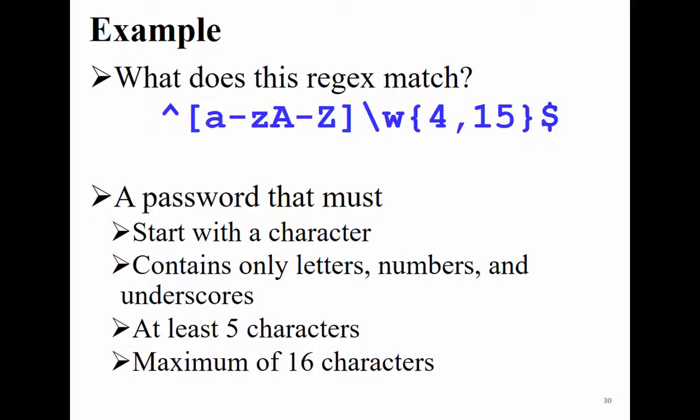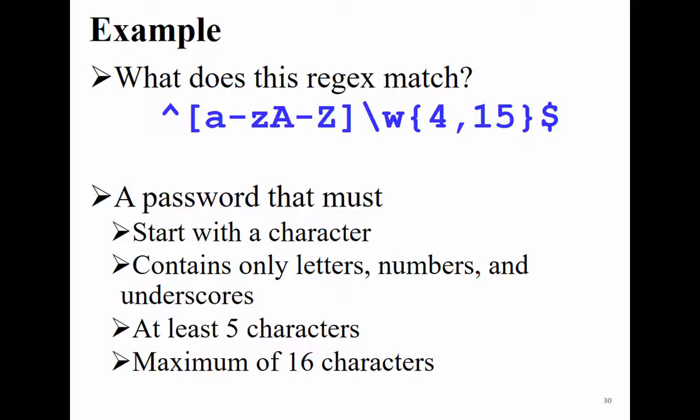So this represents, let's say, a word or a password that must start with a letter, not an underscore or integer, and contains only letters, numbers, and underscore, that is \w. The repetition is at least 4, so at least 5 overall.